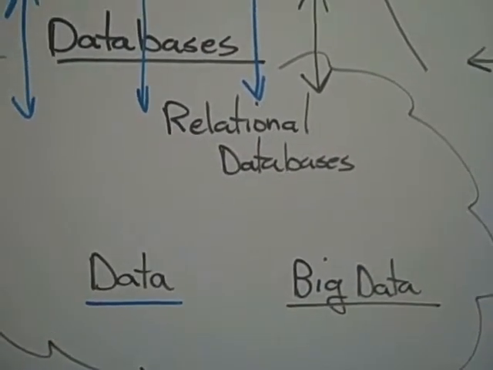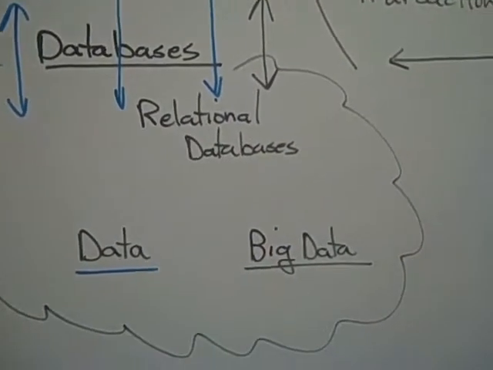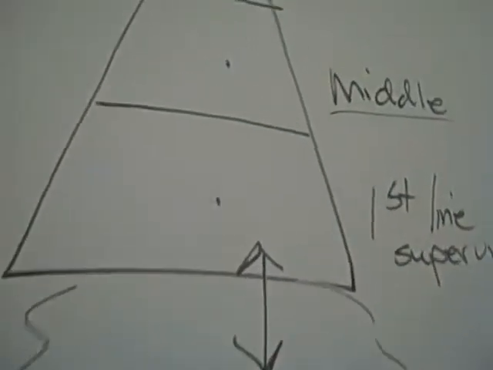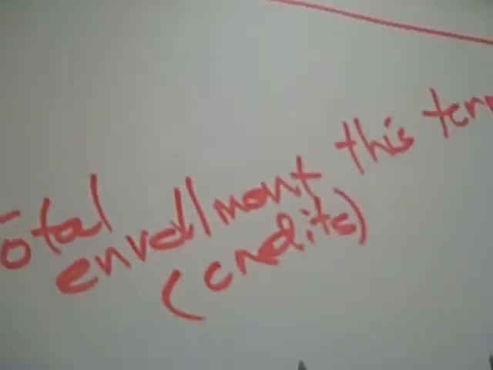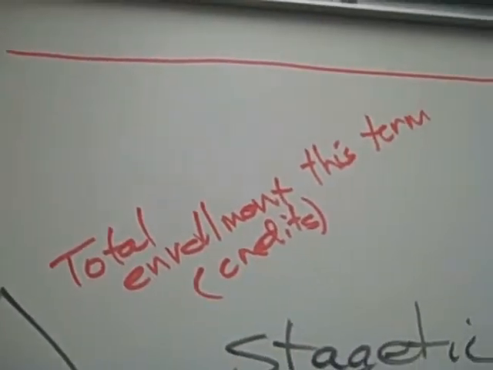We have all that data, but somebody like the CEO of the college, we'll talk a little bit more about this in a minute, she would be more interested in knowing just the total enrollment, how many credits people are taking, because that has more of an effect on the bottom line of the college.